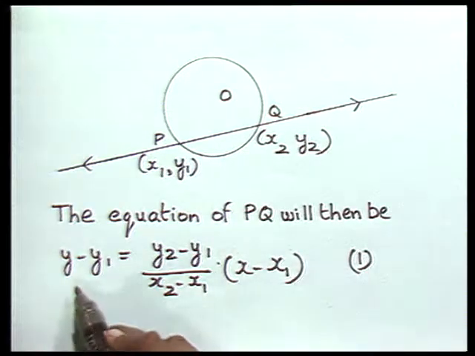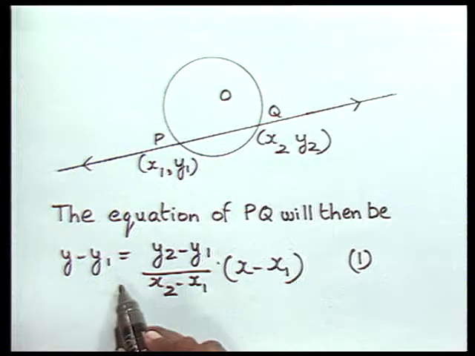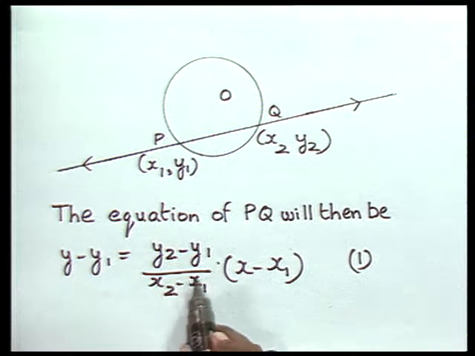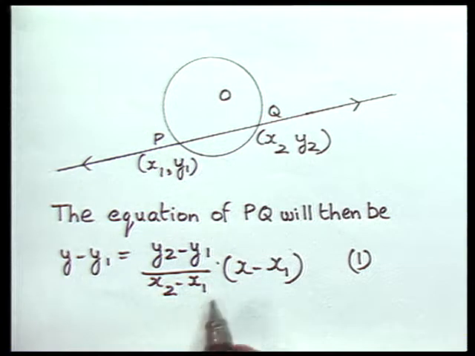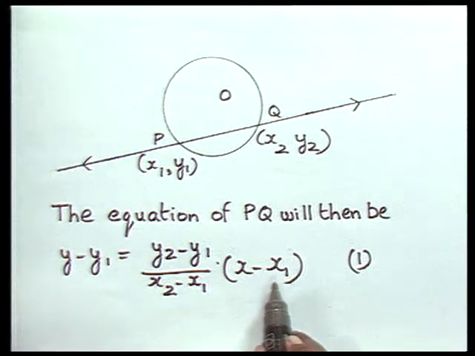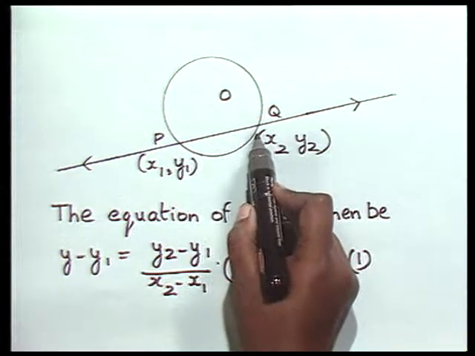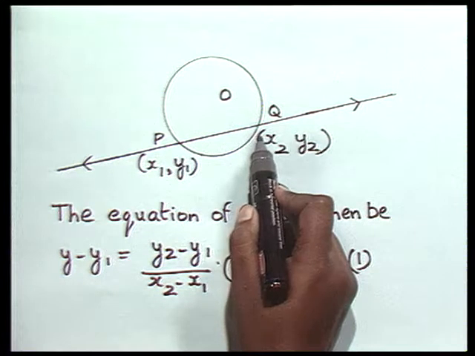Then by the 2-point formula, the equation of the line PQ will be y minus y1 is equal to (y2 minus y1) upon (x2 minus x1) multiplied by (x minus x1). Also, since these 2 points lie on the circle, they must satisfy the equation of the circle.